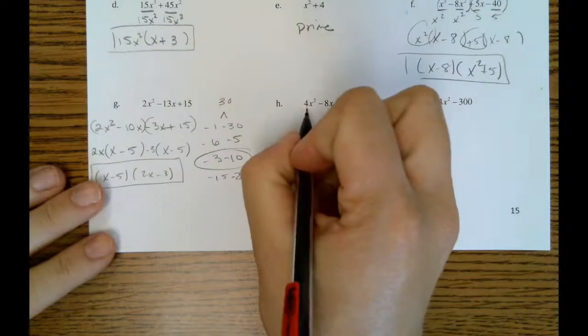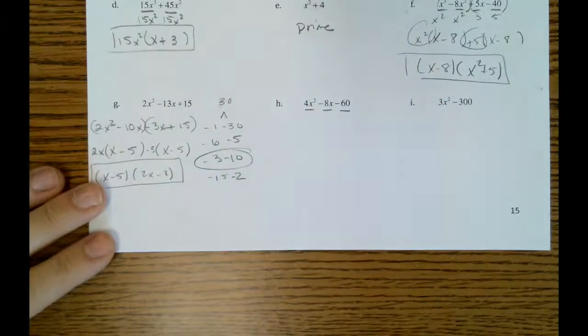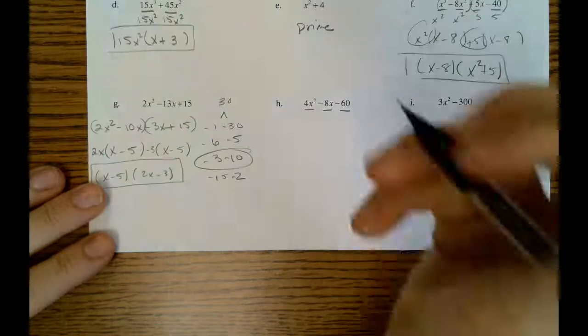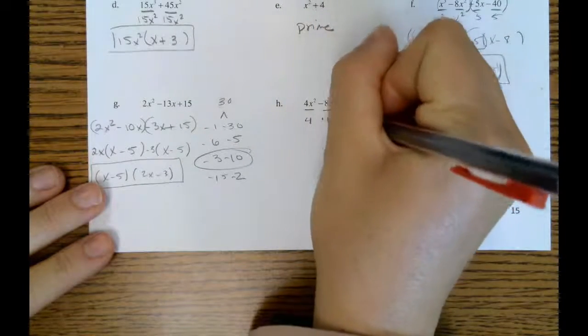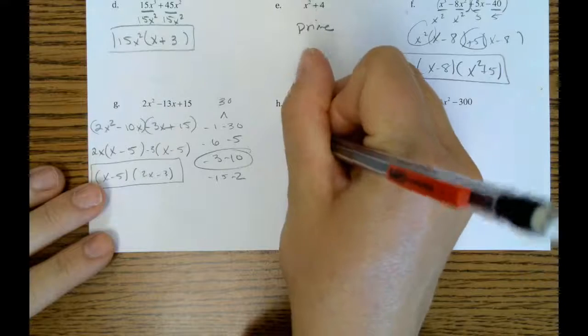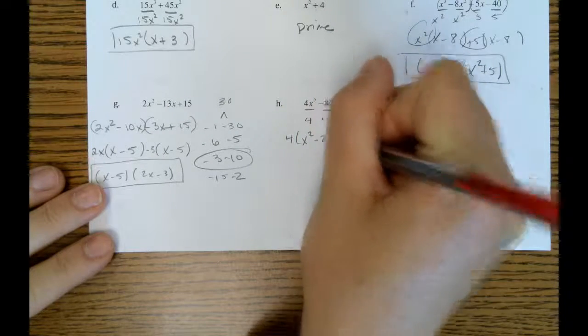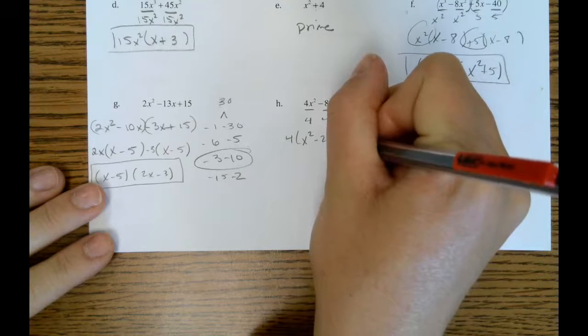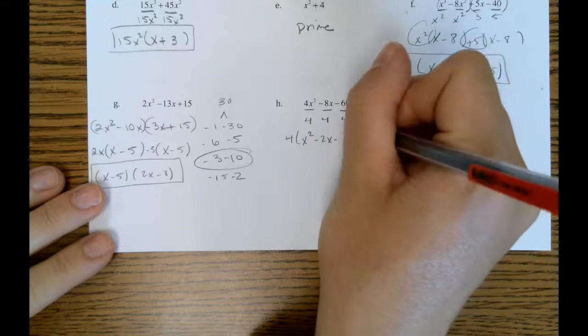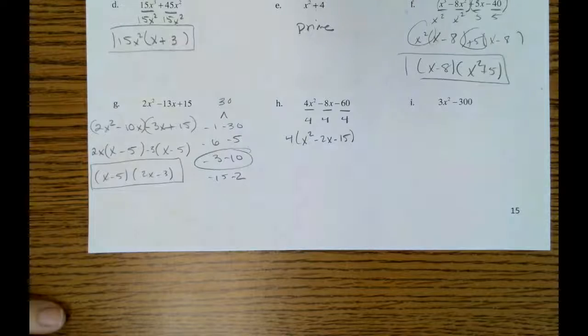Okay, on letter H we can actually divide out a GCF first. We can try split the middle, but we definitely need to take out a GCF of 4. Then we're left with x squared minus 2x minus, let's see, that'd be 15.